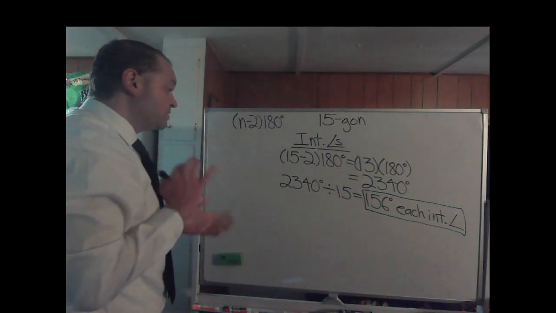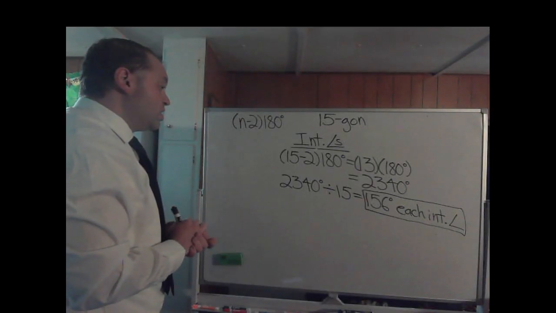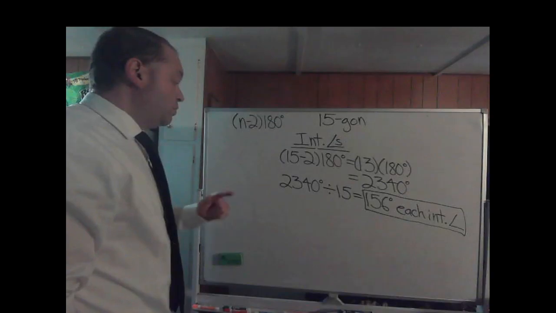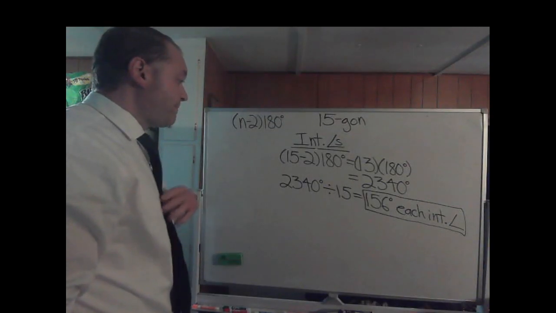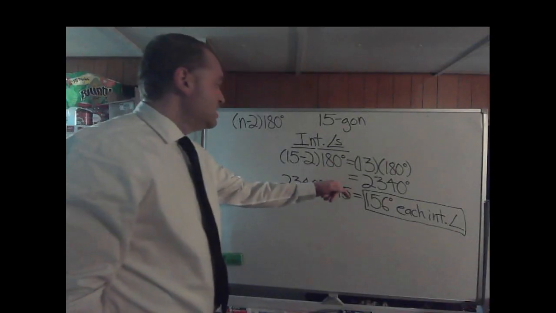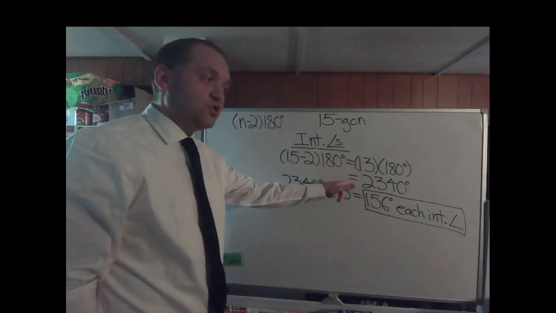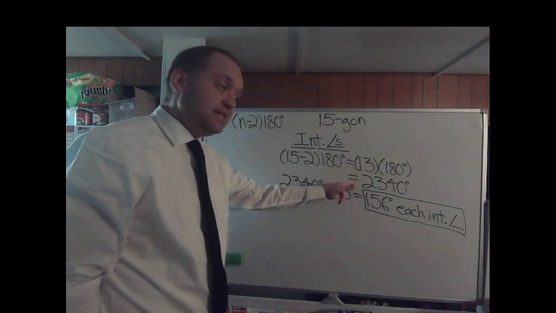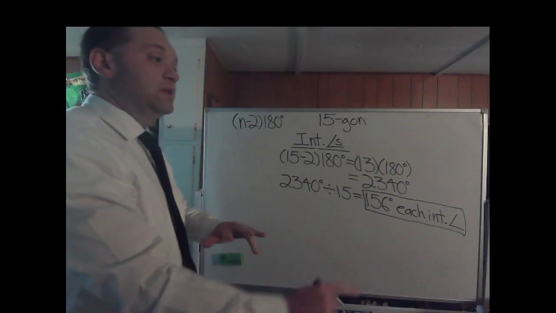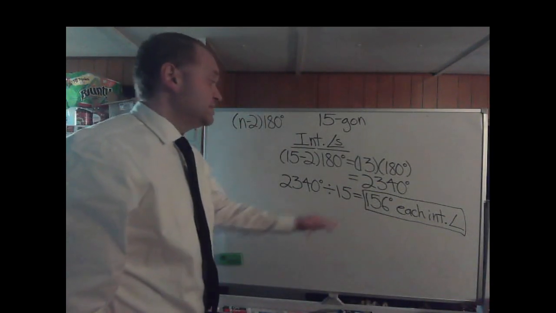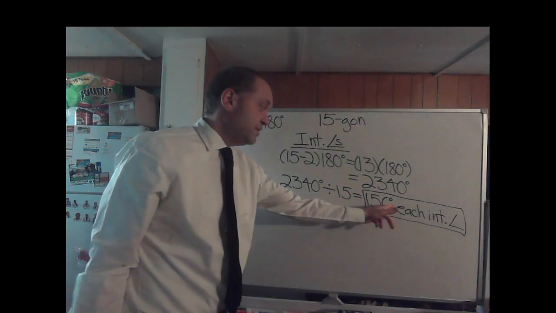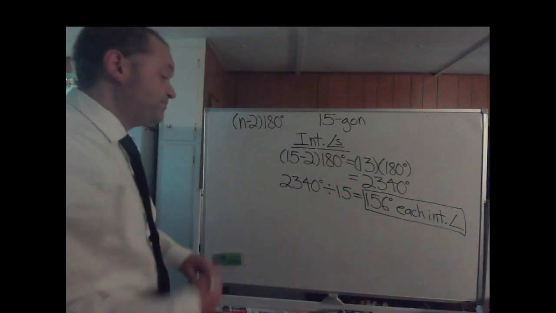What I want to tell you is, when you find the sum of the measures of the interior angles of your polygon, to find each individual interior angle, you take the sum of those measures, divide it by the number of sides you have, and you'll come up with the measure of each interior angle.